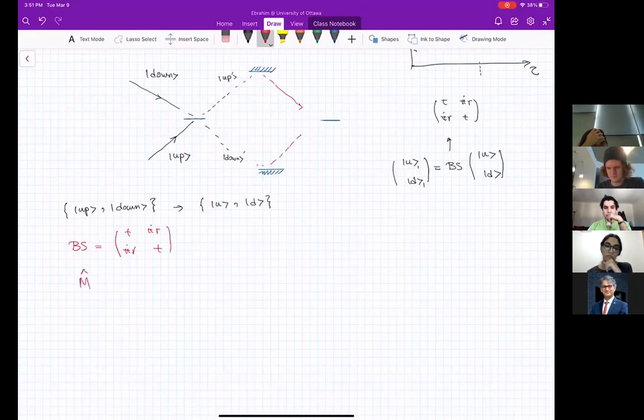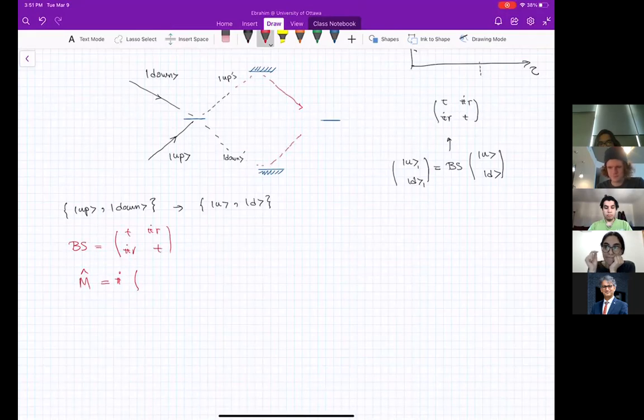Nazanin says that there is a pi divided by 2 phase jump. You are totally right. This is essentially what we had for a beam splitter. So I will go with the sign of i, which is what it provides me. And Felix, you say that up becomes down. What is that operator?